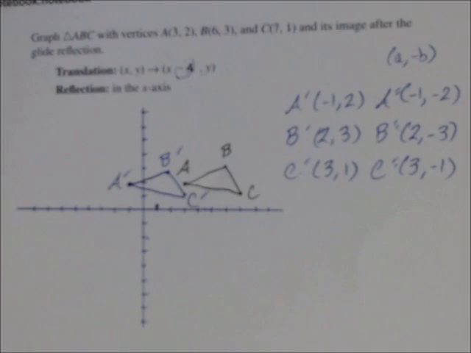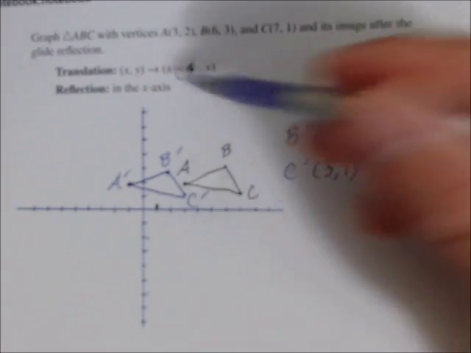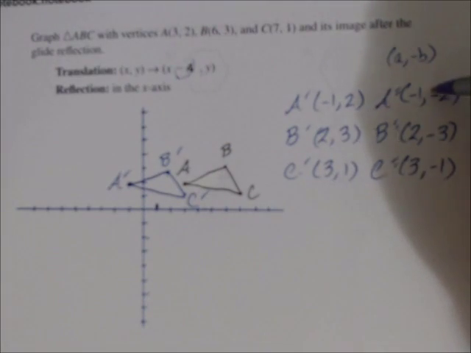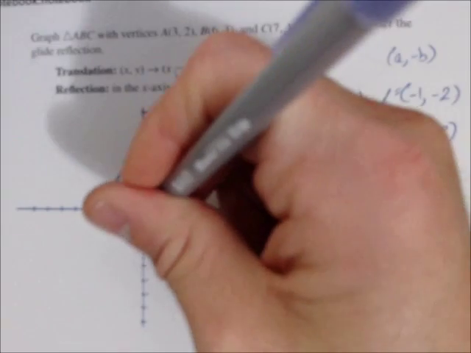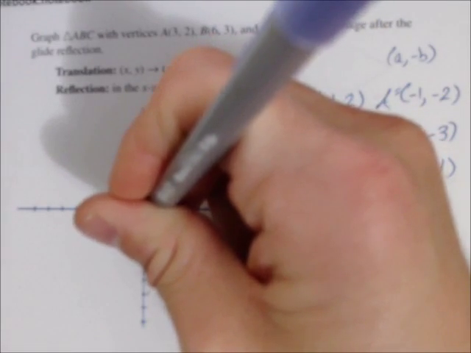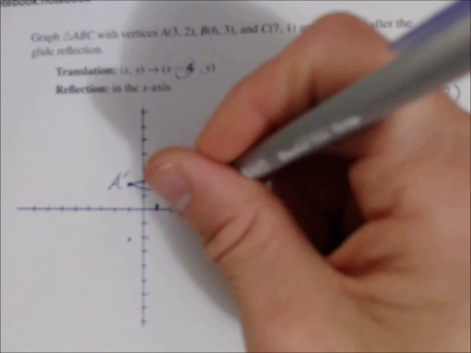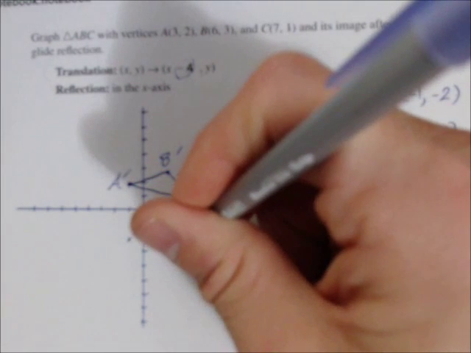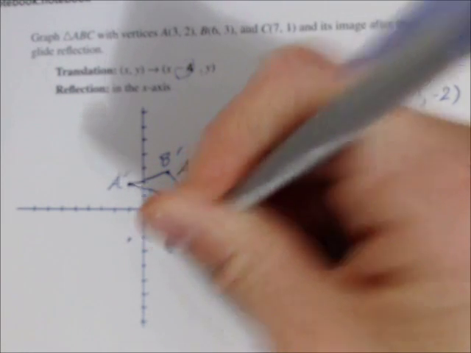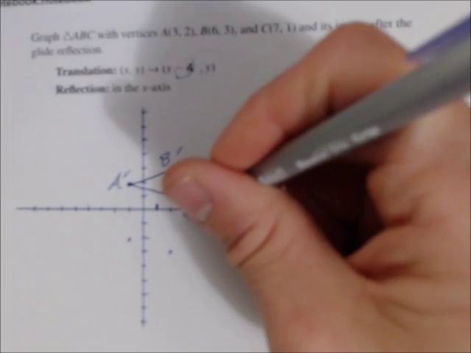And then finally, we're going to reflect this in the x-axis, which leads us to our new coordinates (-1, -2), (2, -3), and then (3, -1).